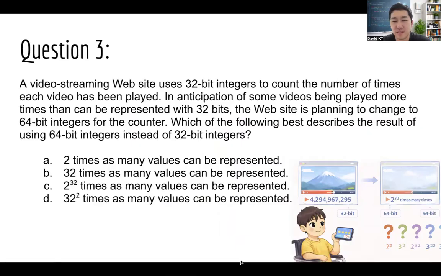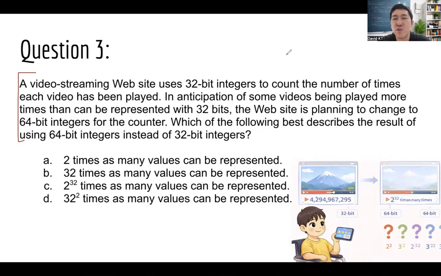All right. Now look here. A video streaming website uses 32-bit integers to count the number of times each video has been played. In anticipation of some videos being played more times than can be represented with 32 bits, the website is planning to change to 64-bit integers for the counter. Which of the following best describes the result of using 64-bit integers instead of 32-bit integers?